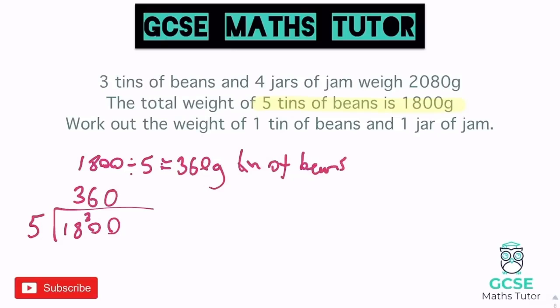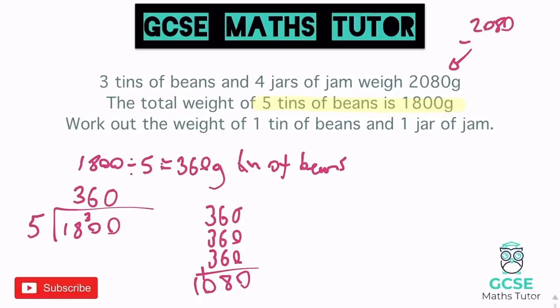It then says 3 tins of beans and 4 jars of jam weigh 2,080 back in the first line. So if we work out the weight of 3 tins of beans now, 3 of those would be 360, 360 and 360. If we add those all up, we get 1,080. So that's the weight of those tins of beans. If we subtract that from the original amount, 2,080 take away 1,080, that leaves us with 1,000 grams.